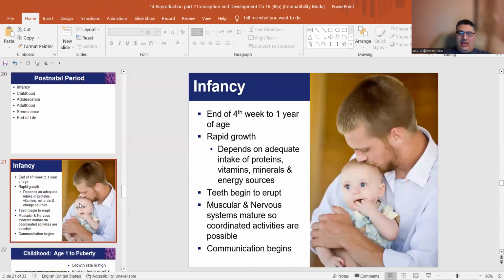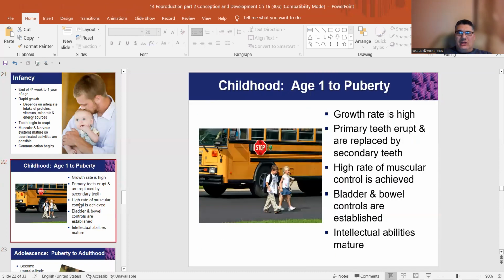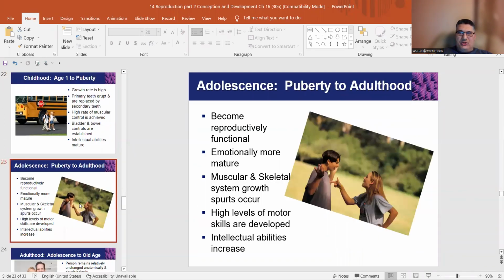And you can read the details if you guys are interested in that, but this is kind of beyond our scope. So just know that infancy is until 1 year, childhood is from 1 year until puberty, and puberty is different from person to person. And then adolescence is from puberty to adulthood.